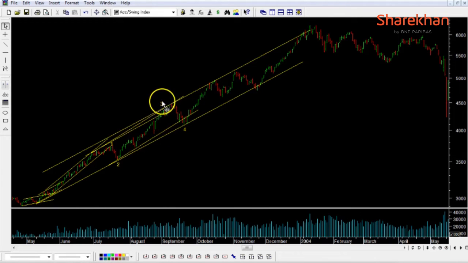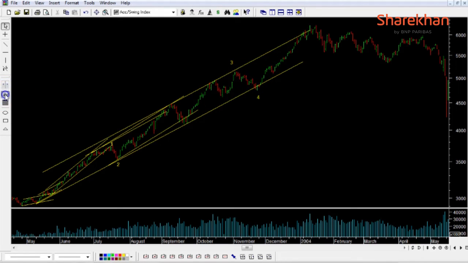Now, I'm not getting into Elliott wave analysis explaining how you mark these waves, but essentially this was a third wave that was extended. The extended move continued to move to the upper end of the channel repeatedly, which is why I have marked 3 here and 4 here.